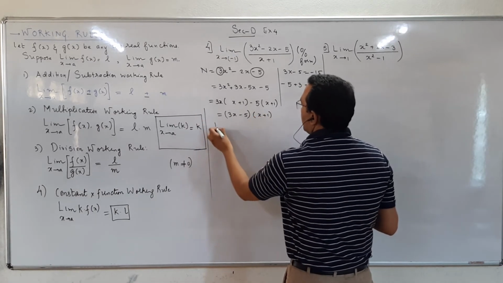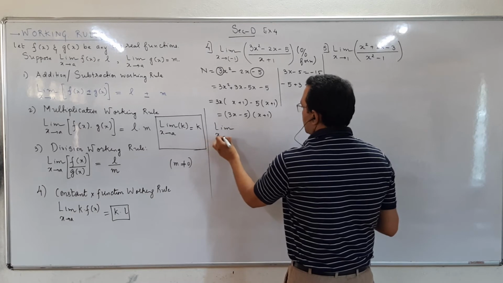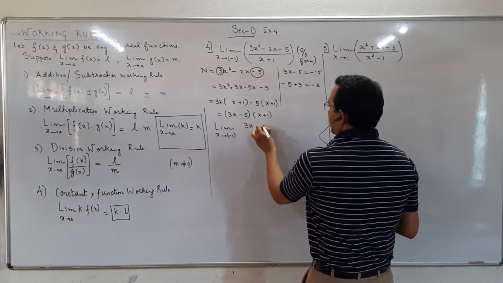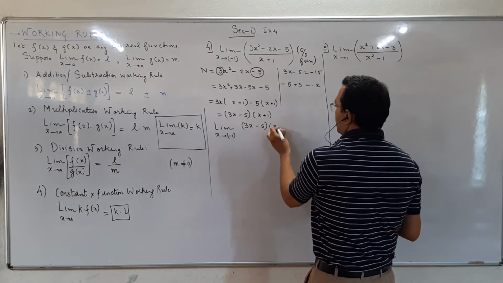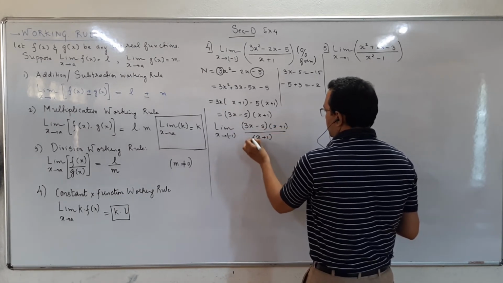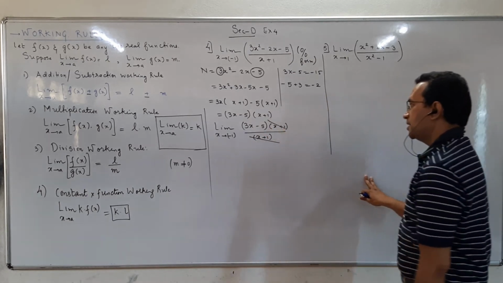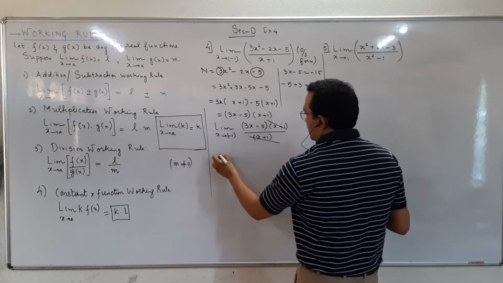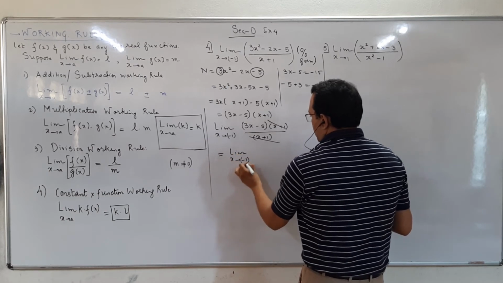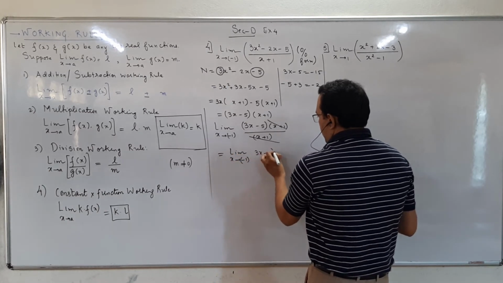So our limit is limit x tends to minus 1, 3x minus 5 into x plus 1 upon x plus 1, which gets cancelled. Now by taking limit, I should directly replace x by minus 1.